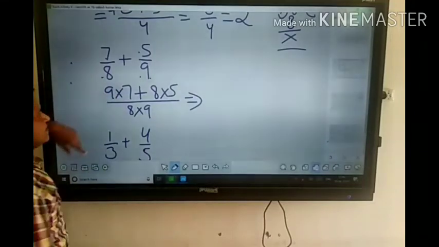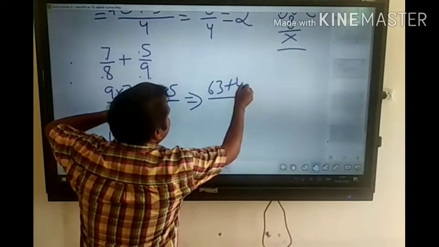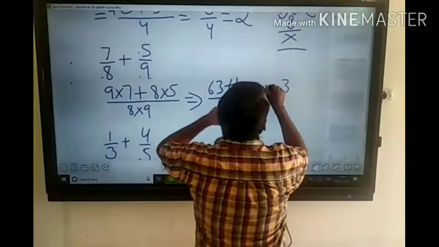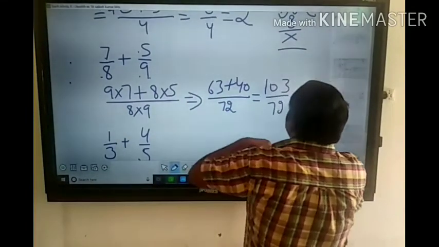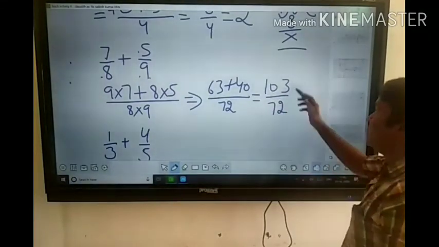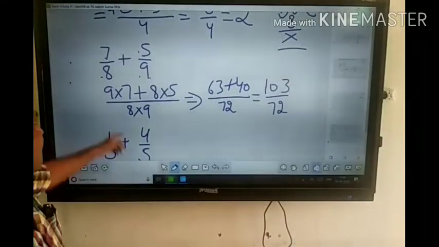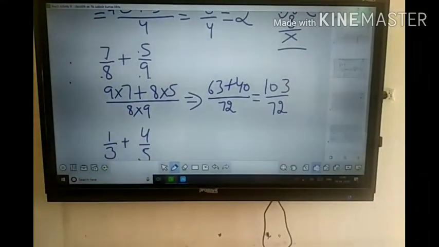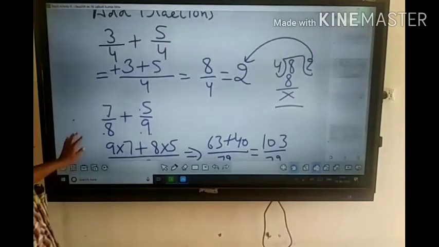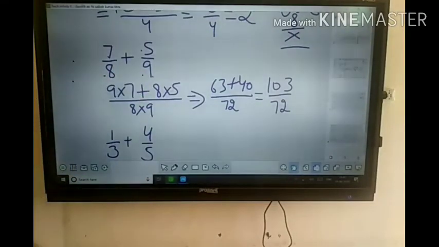It implies 9 sevens are 63 plus 40 over 72. Now this is divisible by 3, but this is not divisible by 3, and also these are not divisible by 3 or any other number. This is the answer. So in this way we can find the addition of fractions having the same denominator and having unequal denominators.